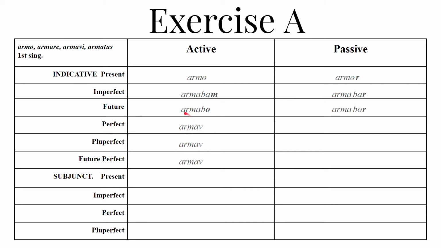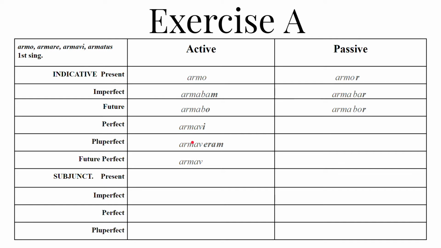Let's go ahead and add those personal endings to finish off these tenses before moving on to the passive voice. So the perfect tense endings are i, isti, it, imus, istis, erunt. We want the first person singular i, armavi. The pluperfect active, we're going to use the tense marker era, and then the personal ending like with the imperfect.